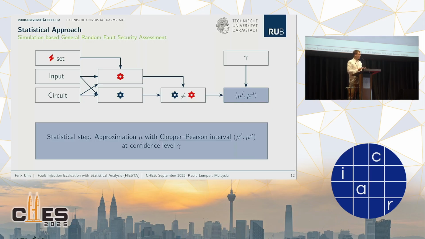That means that the real advantage, the real mu, is always, with probability gamma, so with the confidence level, inside the boundaries. It can actually happen that the real confidence level is higher, but never lower. This is a property of the Clopper-Pearson interval. So yeah, that's quite nice for our use case.